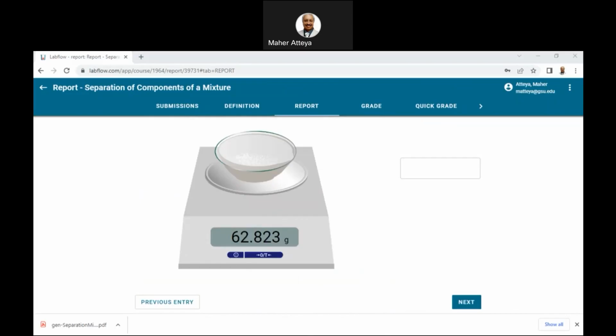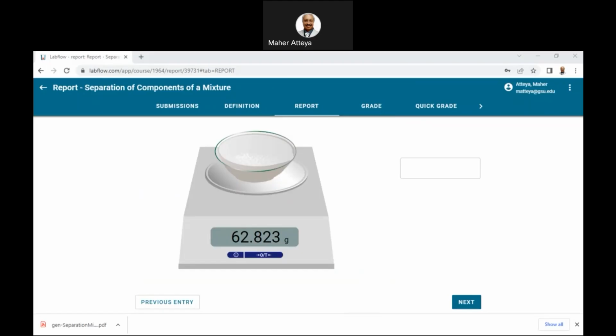After adding water to the mixture of the salt and sand, the salt will be dissolved, but the sand will remain untouched, insoluble in water.